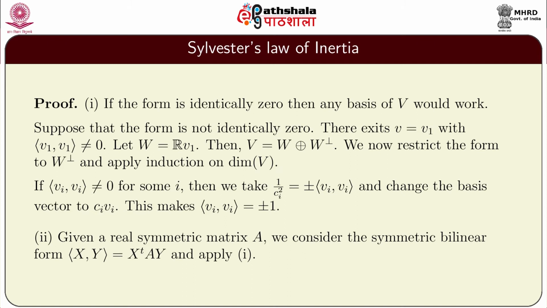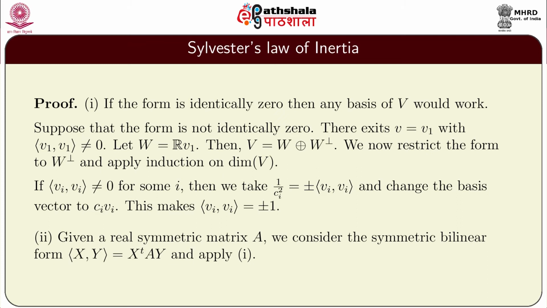Now, if the inner product of Vi with itself is not 0 for some i, then we take 1 over Ci square equal to plus or minus the inner product of Vi with itself. What is that supposed to mean?